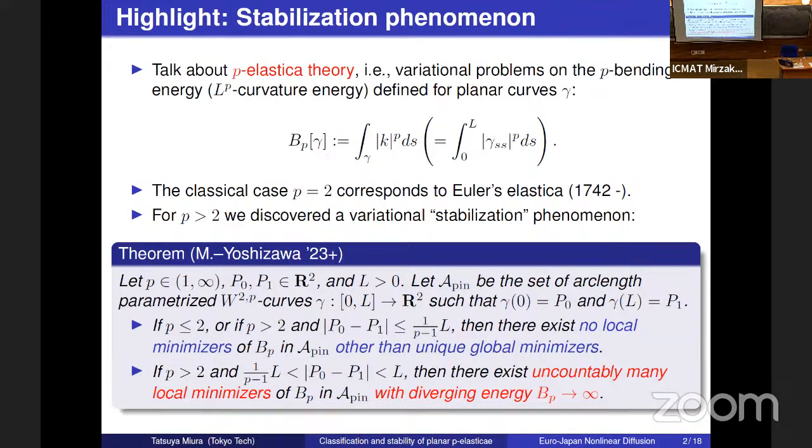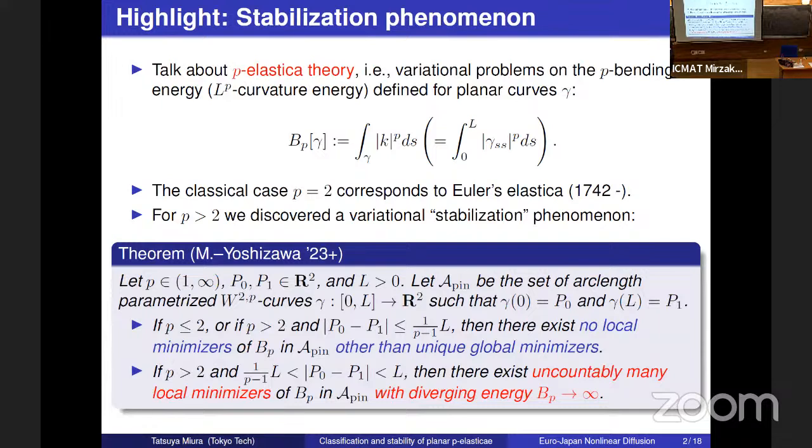And the main point is that recently we have found an interesting stabilization phenomenon in the p-elastica theory, which I want to talk about now. So I will talk about p-elastica theory, which is a variational problem concerning the p-bending energy, which is nothing but the L^p curvature energy defined here. So we consider a planar curve, denoted by gamma.